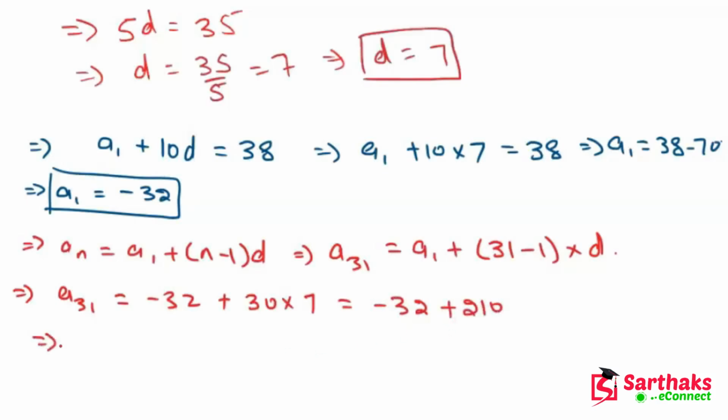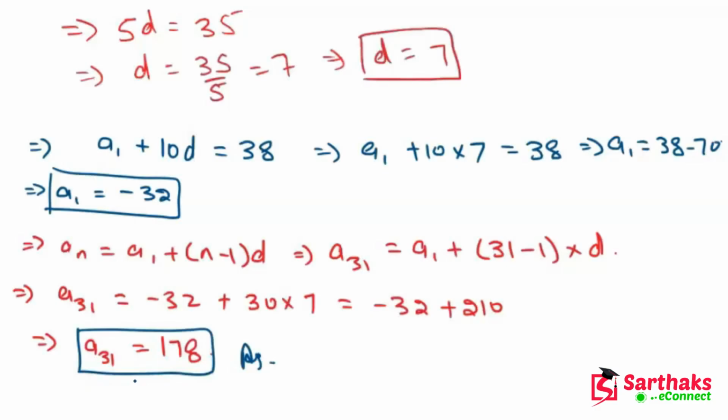After solving this, we get a31 equals 178. This is the required answer.